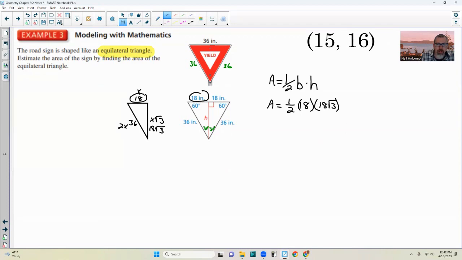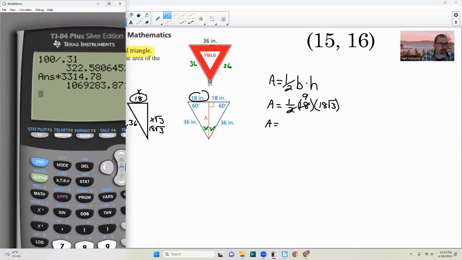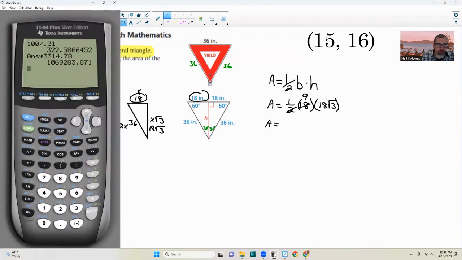Okay. So I'm going to get rid of the half and this 18 and make that 9 just to make it easier. And it doesn't really matter because we're using a calculator anyway. So clear, and I'm going to say 9 times 18 square root 3.